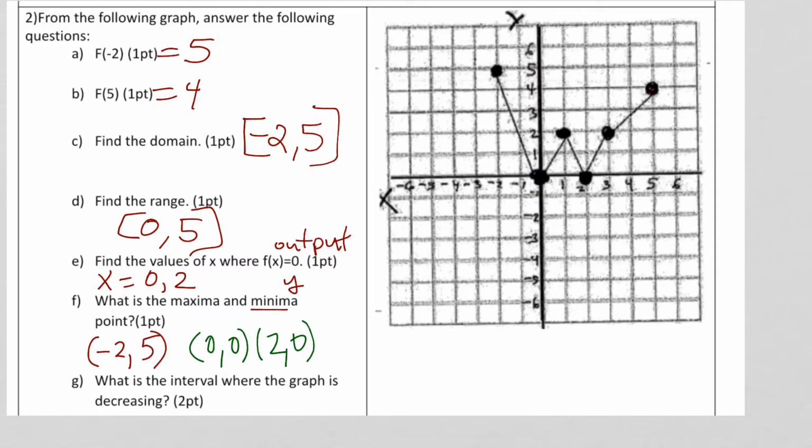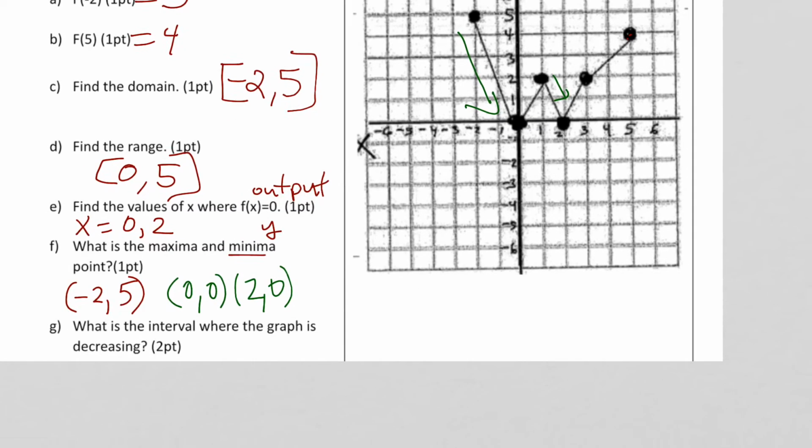All right, moving on. What is the interval where the graph is decreasing? Left to right, you read it. We got a couple of spots where it's decreasing, here and here. Those are the 2 spots that are decreasing. When you are doing a decreasing interval, you always use your x numbers on the axis.